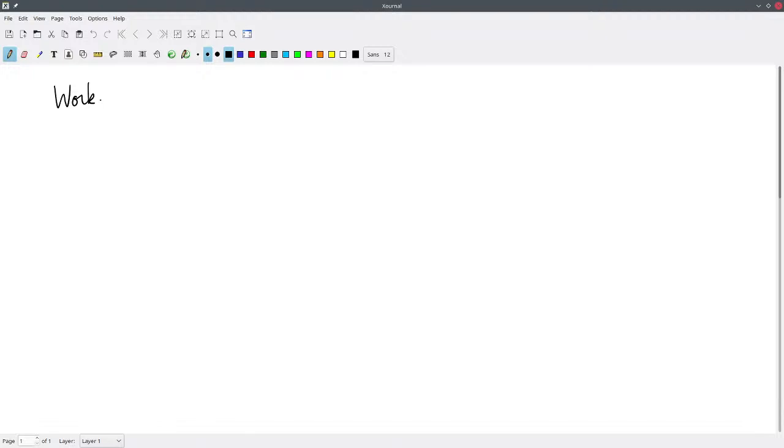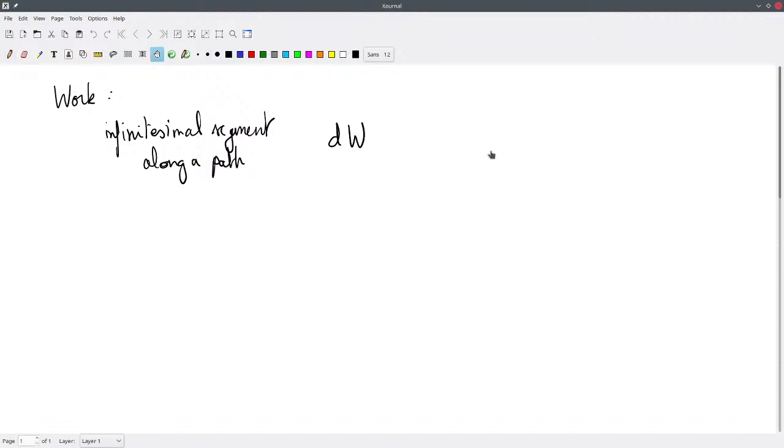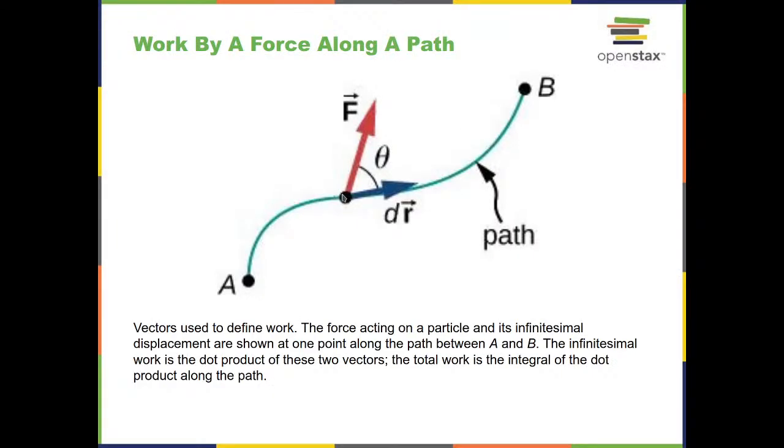So the work in an infinitesimal segment along a path, that is, an infinitesimal amount of work, we're going to call it dW to indicate that it's an infinitesimal quantity. We add the d here. That's going to be the force dot product the displacement. So when we go back to the slide, the force dot product the infinitesimal displacement will be the infinitesimal amount of work.